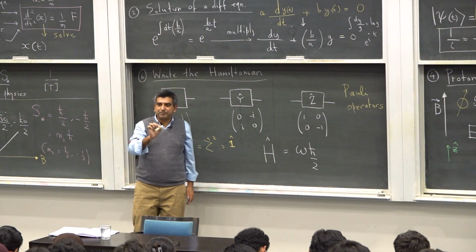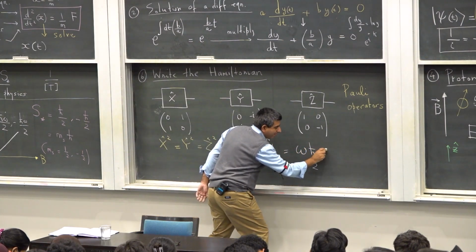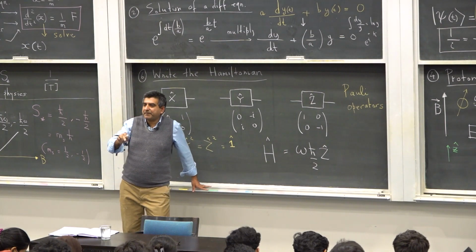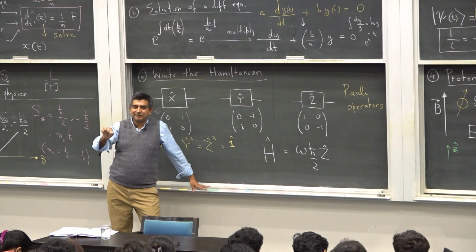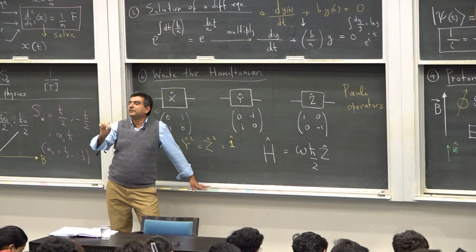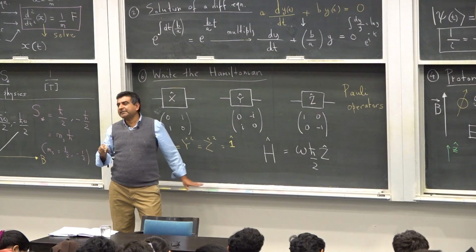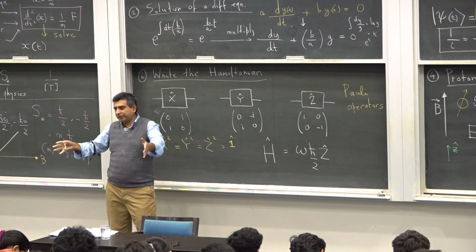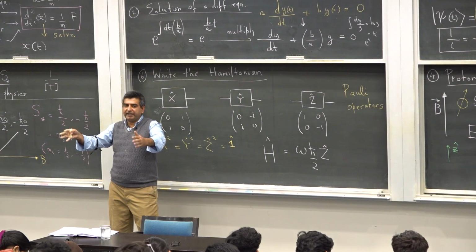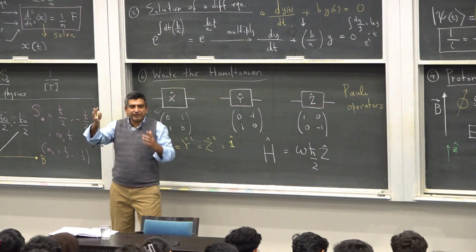If my magnetic field points in the z direction, I choose the z matrix. If my magnetic field points in the x direction, I choose the x matrix. If it points in the y direction, I choose the y Pauli matrix. So this is how I write down the Hamiltonian for a spin half particle, aka a proton, inside a magnetic field that points along the z direction.